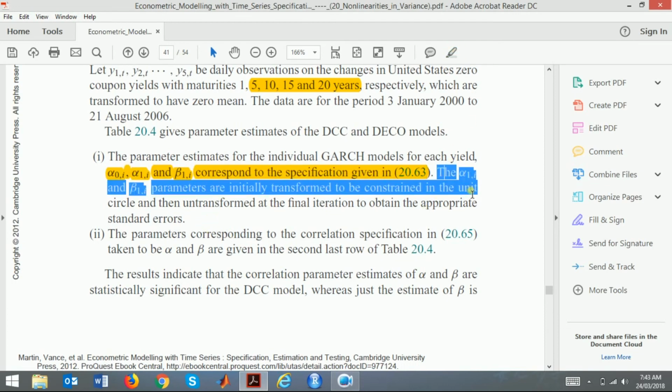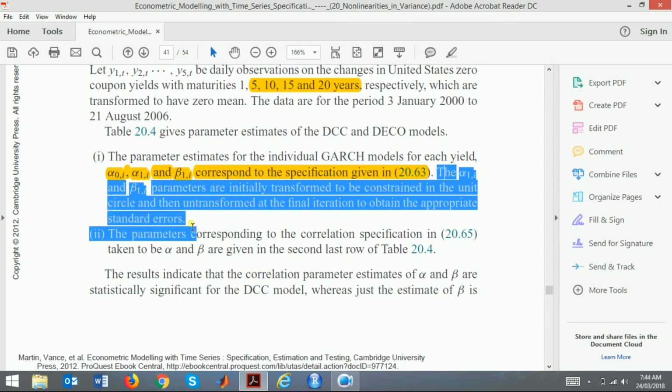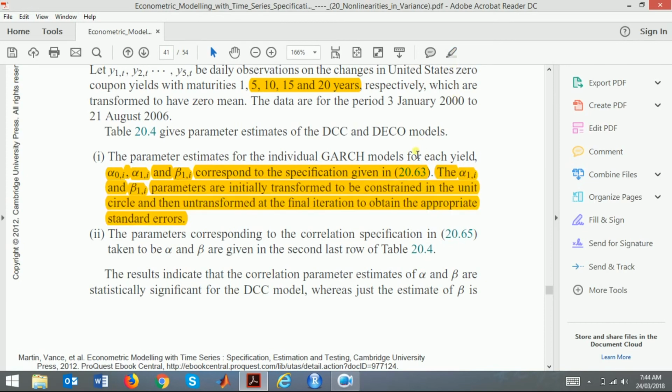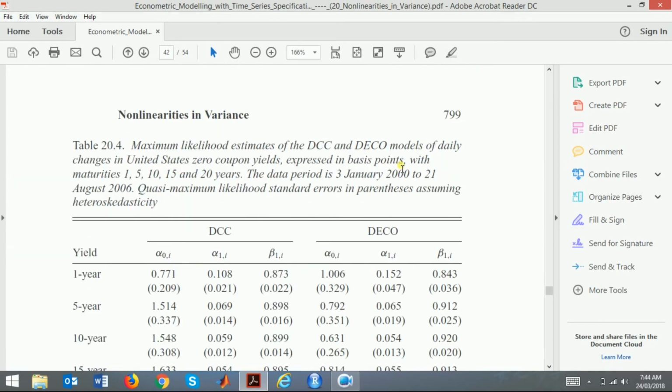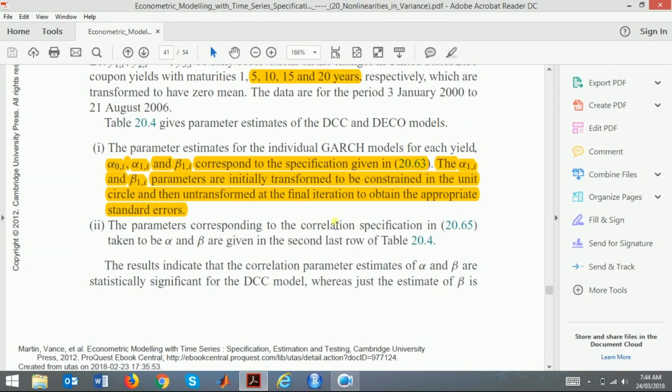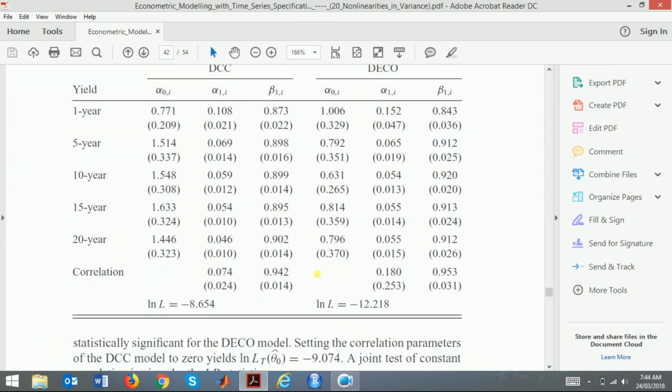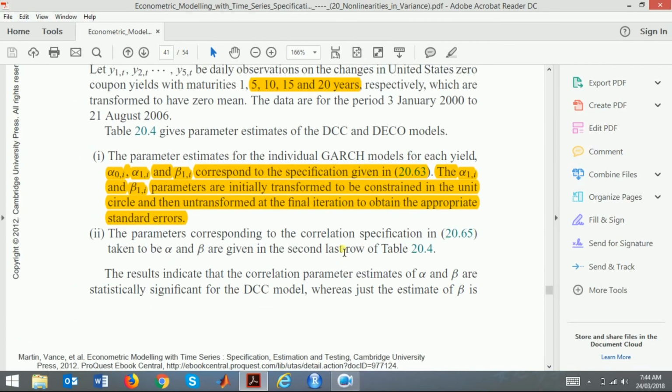First constrain them to be within the unit circle, then at the end untransform them, with the appropriate standard errors. And then the correlation parameter significance is given with the standard errors.